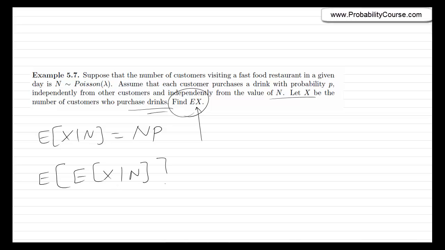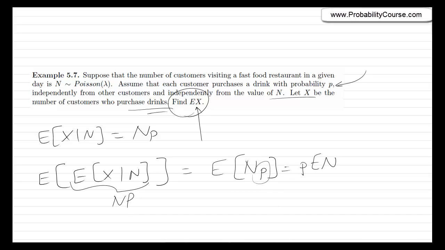So I'm looking at the expected value of n times p. Note that p is just a given number, the probability that the customer purchases the drink, so there is nothing random about this p. So this is just p times expected value of n, and n is Poisson with parameter lambda, so this is p times lambda. And we found this value in a previous video when we were talking about the law of total expectation.